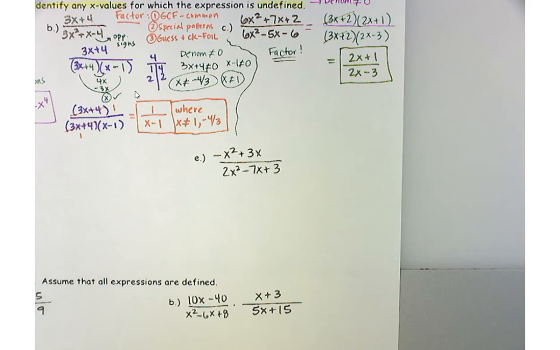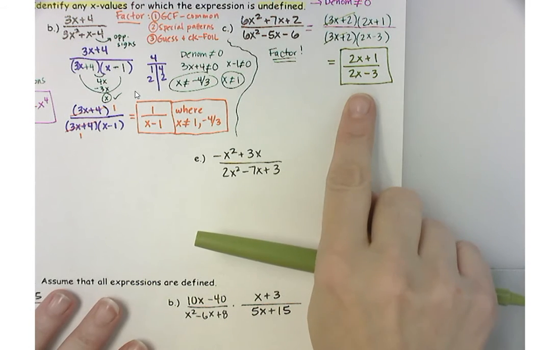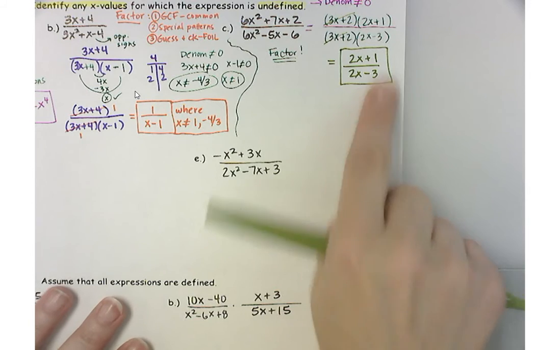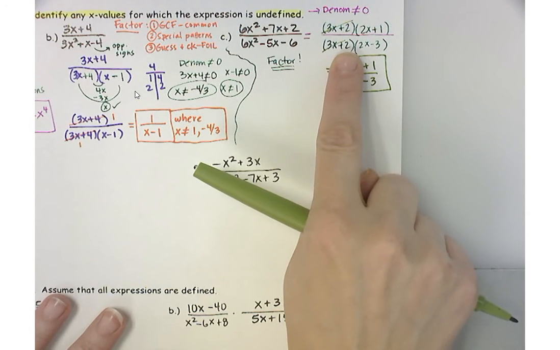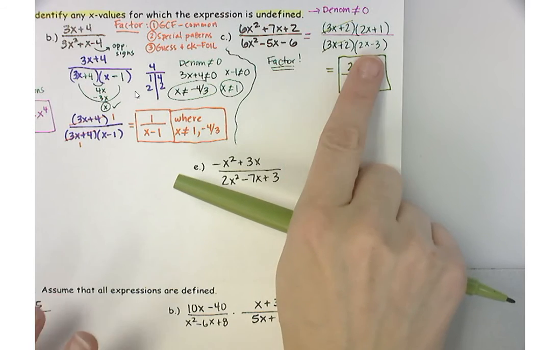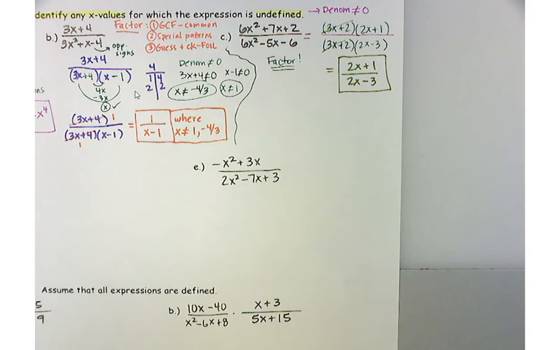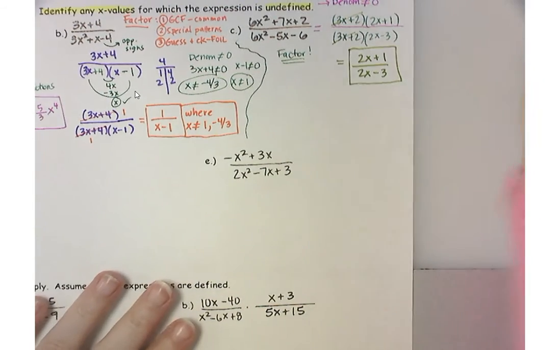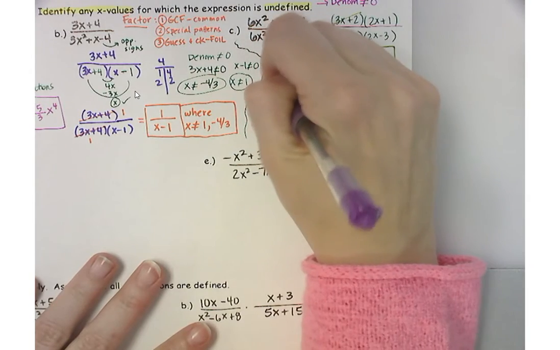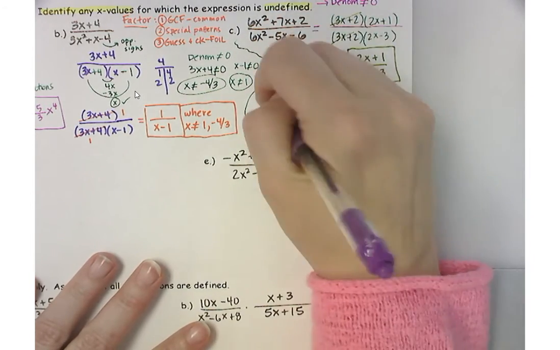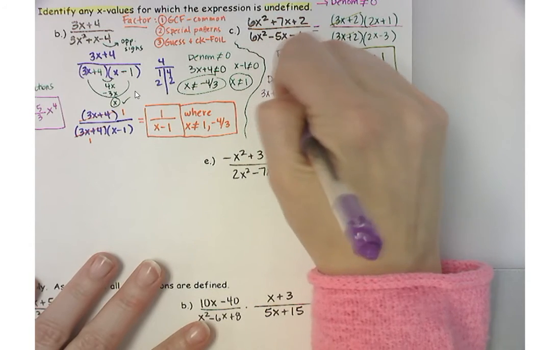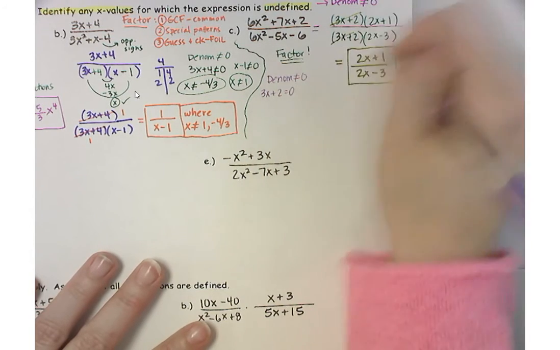So I'm going to take the two things that I had in the denominator as my factors, the 3x plus 2 and the 2x minus 3, set them equal to 0, and then solve. So here I would get x equals negative 2/3. Here I would get x is 3 over 2. So I would say this is my final answer, where x cannot equal negative 2 over 3, comma, 3 over 2.